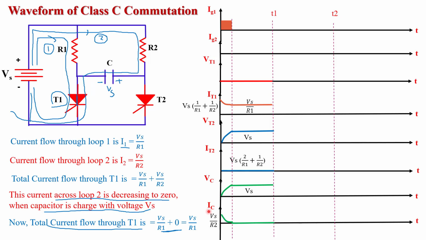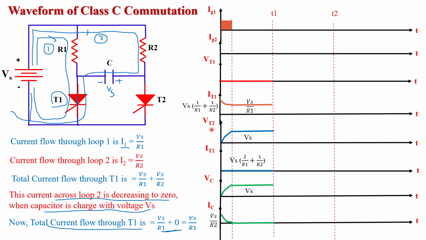Now what about the current across the capacitor? When the capacitor voltage starts building up, the capacitor current starts decreasing. At this point, when the capacitor is charged to the maximum voltage Vs, the current across the capacitor is 0.